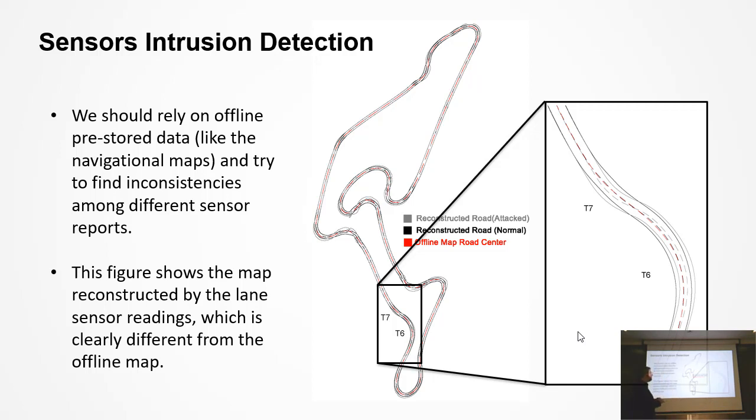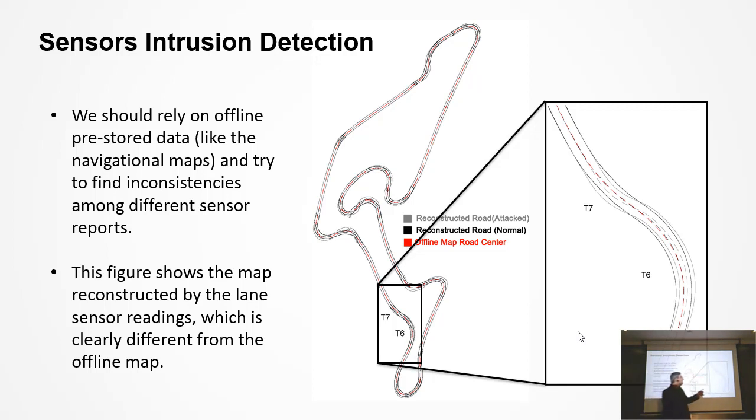With that information and with the lane readings, I can reconstruct the road. And if I have an offline version of the map, like a Google map that has been stored on a flash memory or something, which doesn't take too much space, I can compare the reconstructed road with what I have in Google Map, for example.